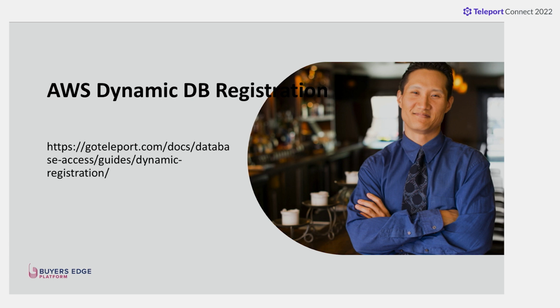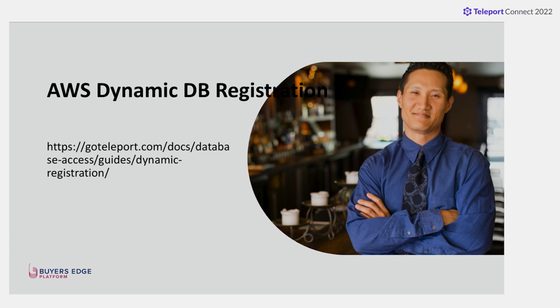So one thing that we ended up going for was using Teleport's dynamic database registration service. Managing resources across VPCs wasn't our only concern. We didn't want to manually manage config information for our many dozens of databases.